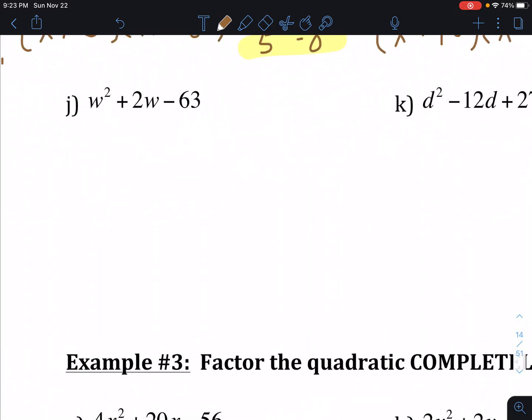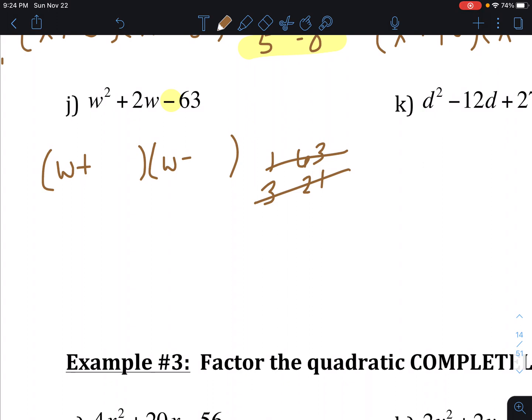Letter J, we got a B back, again, C term first. It's a minus. What are the signs here? Plus, minus. I need two numbers that, since it's plus minus, multiply to get 63 and subtract to get 2. 1 times 63, do not subtract to get 2. 2 doesn't go into it. 3 goes into 63 21 times, but that subtracts to get 18. 4, 5, 6, 7. 7 goes into 63 9 times.